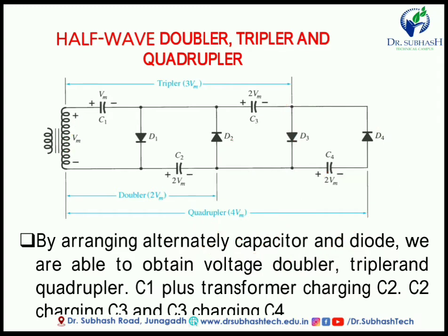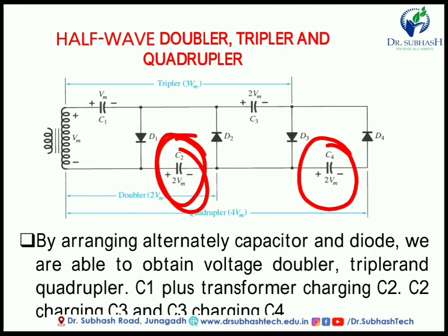Now the last circuit is the quadrupler. Quadrupler is nothing but 4 capacitors and 4 diodes connected alternately like this. So the charging of this capacitor is 2 Vm and the charging of this capacitor is also 2 Vm, and the diode conduction we have discussed in the previous slide.